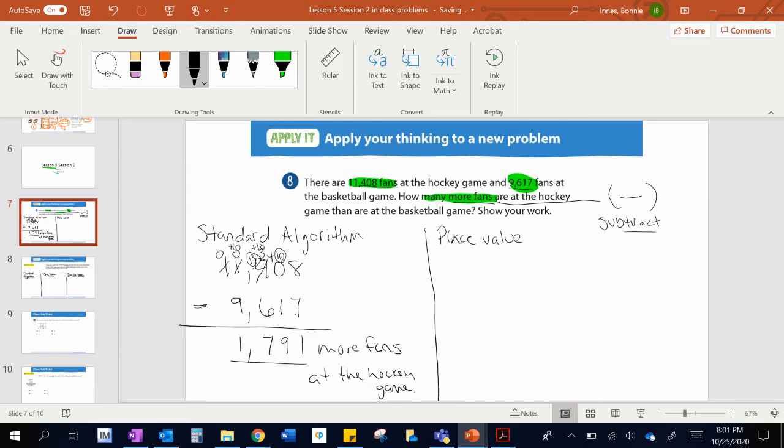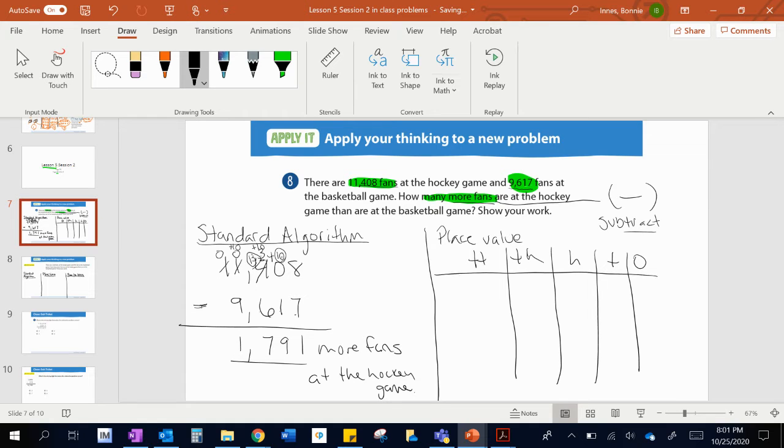I'm going to show this in place value also. We want to get to the standard algorithm, but we still might need to work in place value a little bit longer. So ones, tens, hundreds, thousands, 10,000s. All right, remember I'm only going to put that first number, the bigger number, 11,408. And I'm sorry I told you wrong.